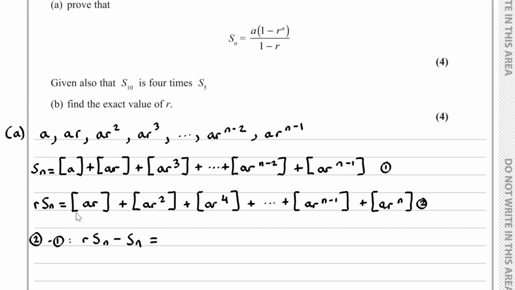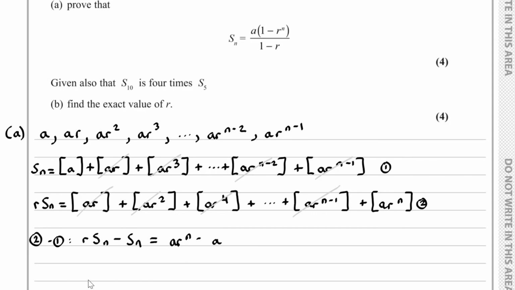So if we subtract these from each other, what we have over here is this term cancelling with this, cancelling with this, cancelling with this. Essentially we are left with ar to the power of n minus a.